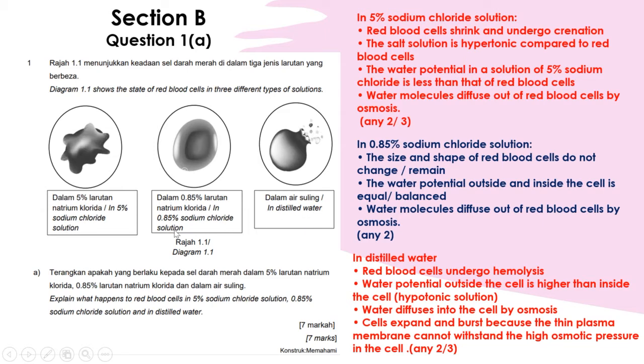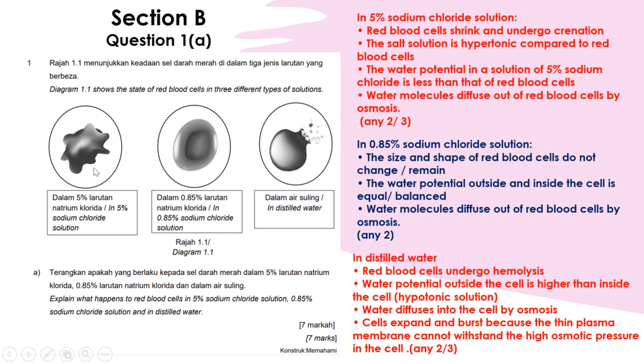Between these 3 types of solution, you have to determine which solution is hypertonic, hypotonic, and isotonic. We already have one, which is hypotonic. Now refer to the other 2. In these 2 states of the red blood cell, what can we see?